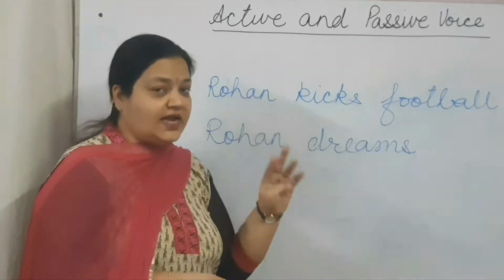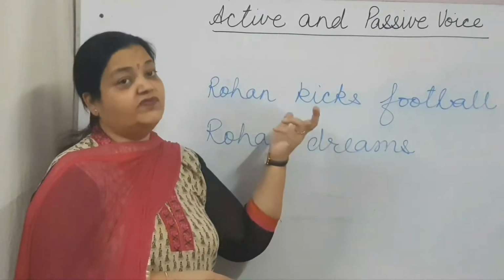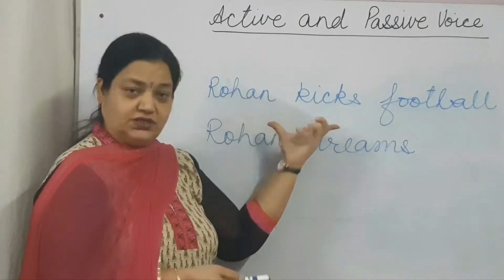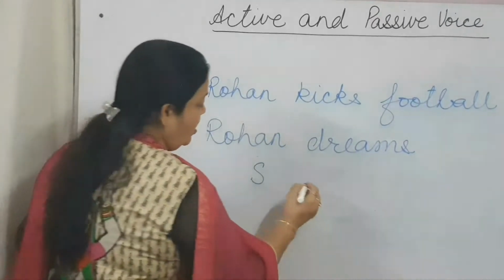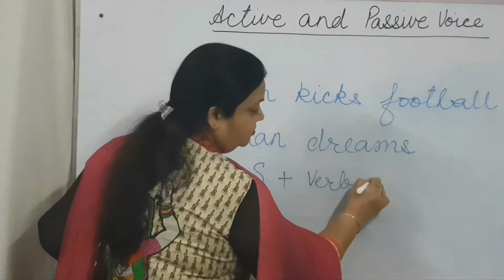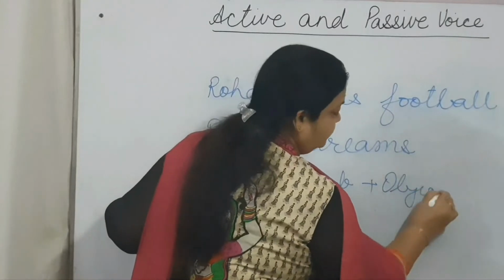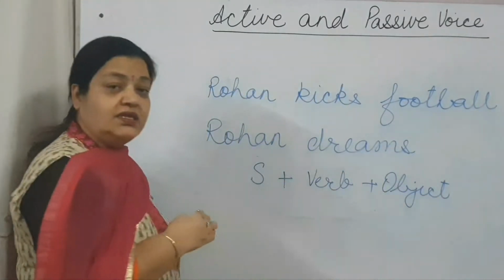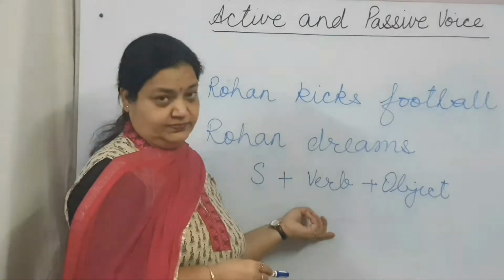And for our active or passive voice, we need a structure of the sentence of this sort, which has a subject plus a verb plus an object. Meaning the verb here is in transitive form.